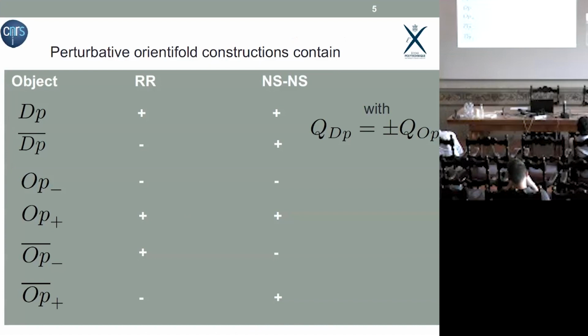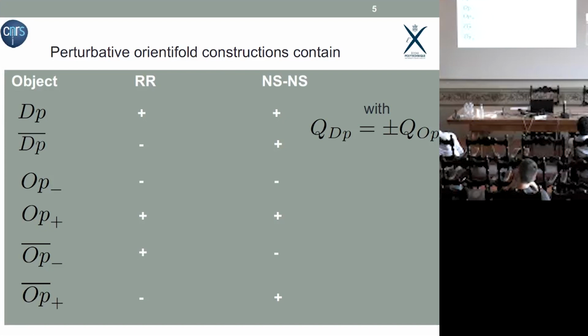Usually you have the branes and orientifold planes mutually BPS. There are two kinds of orientifolds. I'm not talking about some orientifolds which do not exist in perturbative constructions, which we don't know how to construct, but today I'll always talk about the ones which do appear in orientifold constructions.